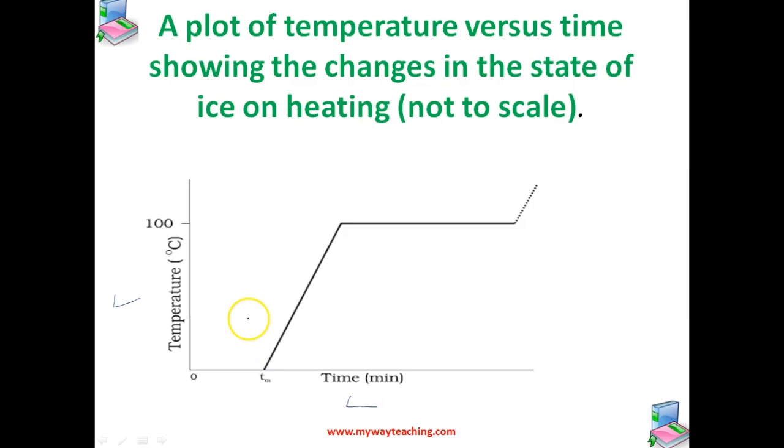In the above process, the temperature of the system does not change even though heat is being continuously supplied. So the heat supplied is being utilized in changing the state from solid to liquid. Even though we are continuously giving the heat, there is no change in the temperature.